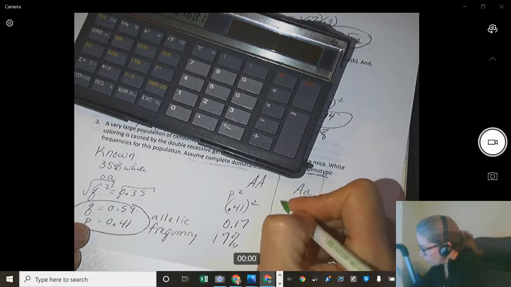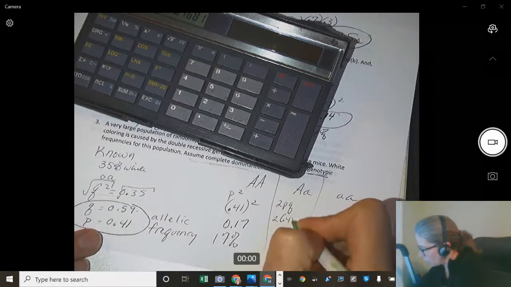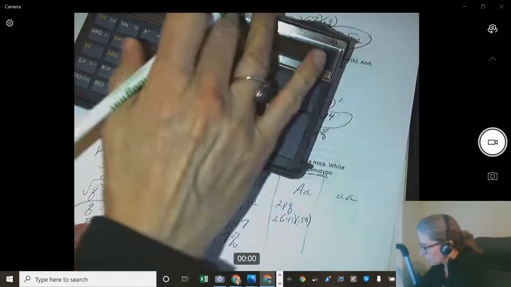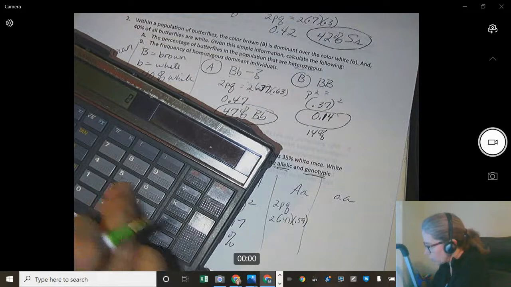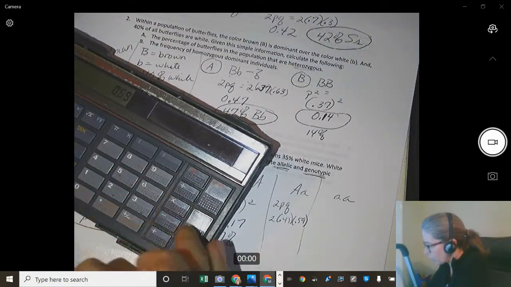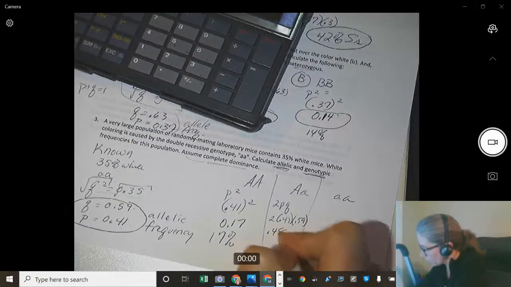Big A, little a is 2PQ, which is 2 times 0.41 times 0.59. That is going to be 0.48. That's the frequency. If you want it in percentage, it's 48%.